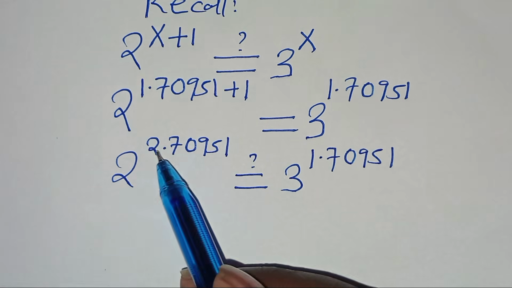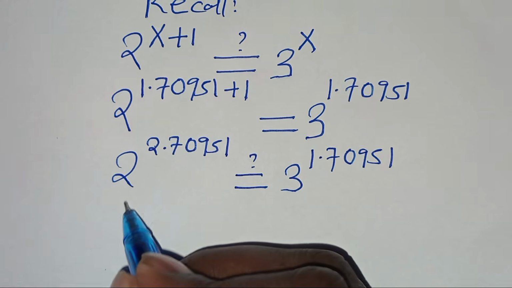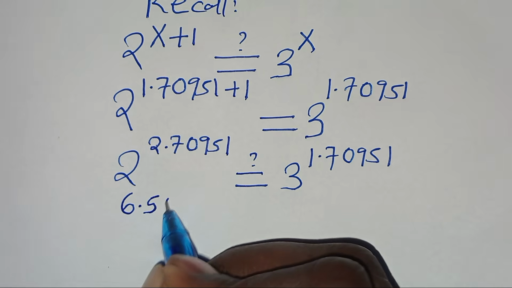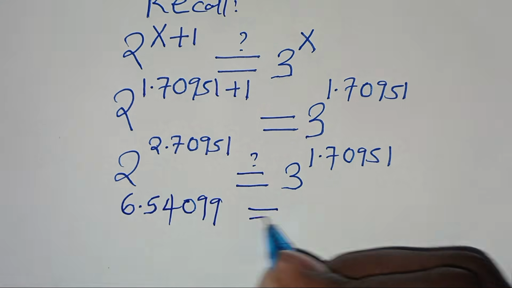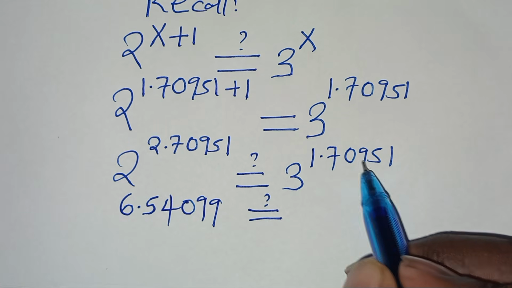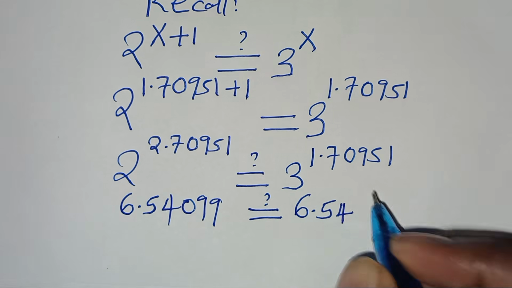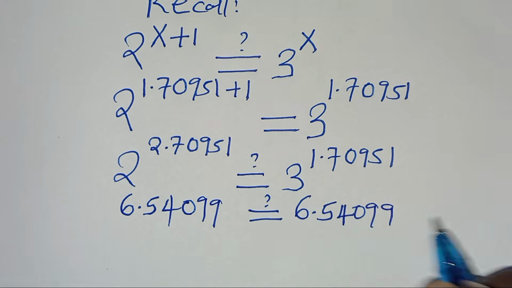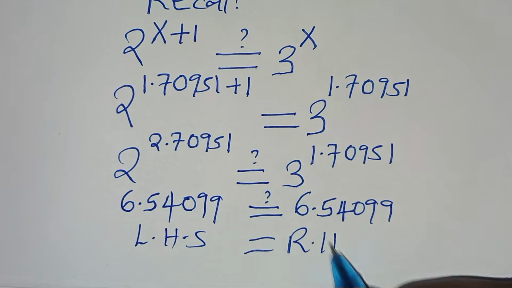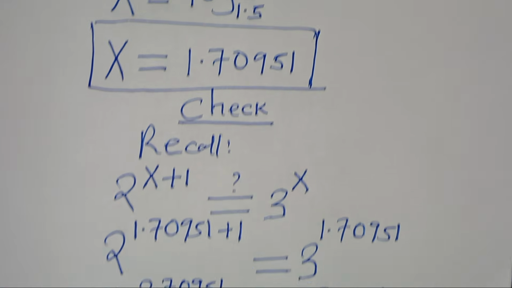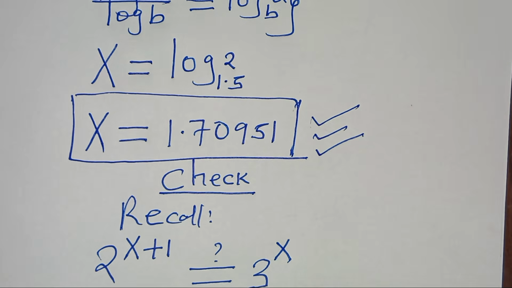Now, 2 raised to the power of 2.70951 is the same thing as 6.54099, and this should be equal to 3 to the power of 1.70951, which is also 6.54099. So you find that the left hand side is equal to the right hand side, and this proves that the value of x, which is 1.70951, satisfies the equation.